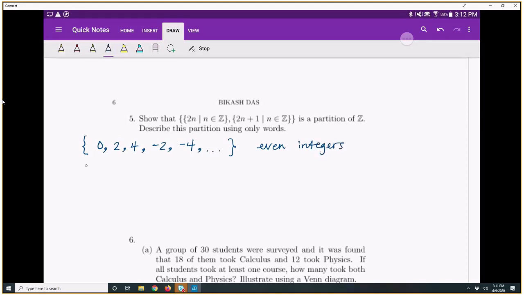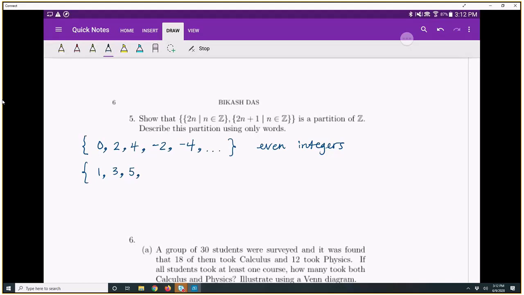Now let's look at the other set, which is the set 2n plus 1 such that n is an integer, and let's try the same thing. Let's plug in some easy integers. So if I plug in 0, I get 2 times 0 plus 1, that's 1. If I plug in 1, I get 2 times 1 plus 1 is 3. If I plug in 2, I get 2 times 2 plus 1, that's 4 plus 1 is 5.